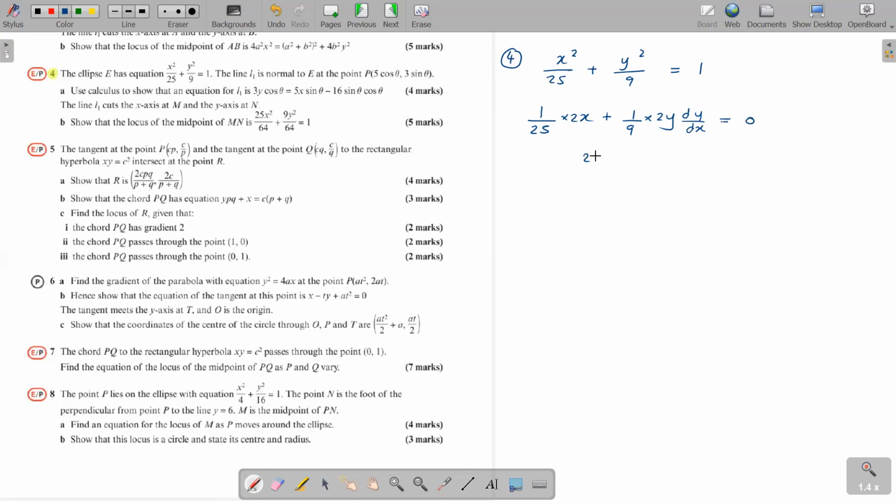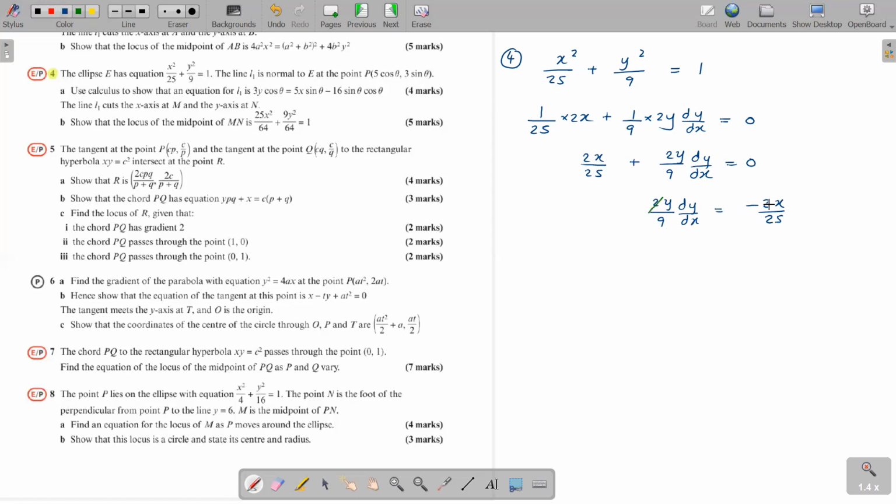Then this is 2x over 25 plus 2y over 9 dy by dx equals 0. So 2y over 9 dy by dx equals minus 2x over 25. Is that okay?